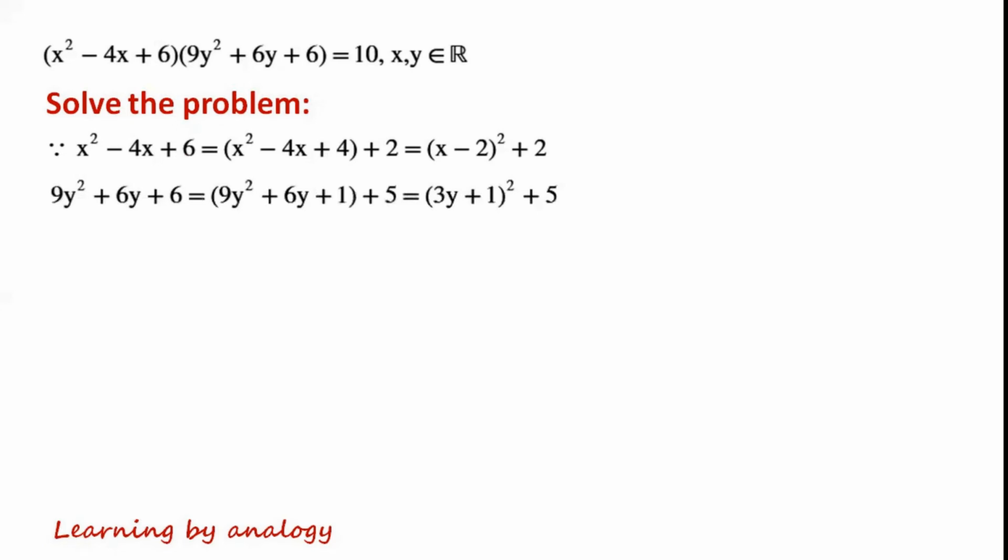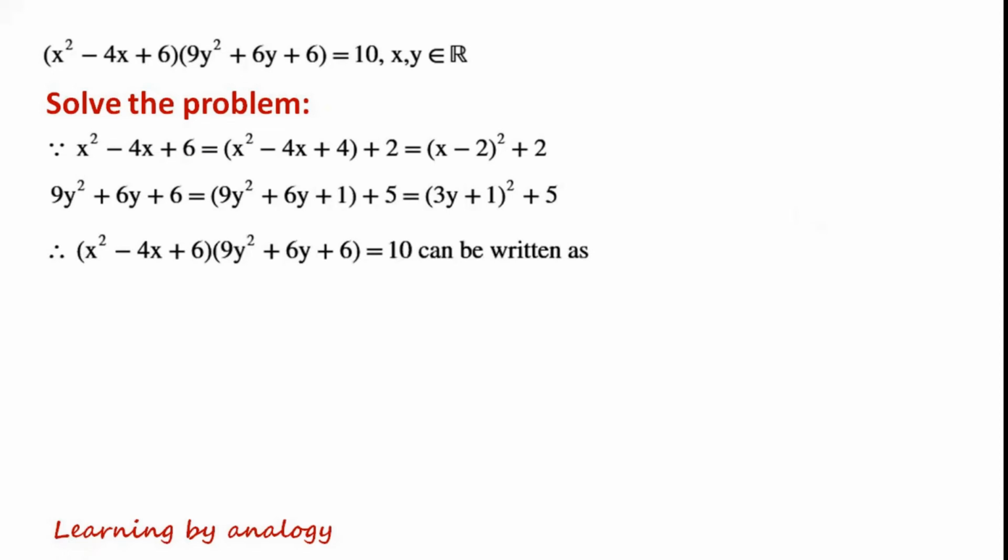Similarly, we can write 9y squared plus 6y plus 6 equals 9y squared plus 6y plus 1 plus 5 equals 3y plus 1 all squared plus 5.